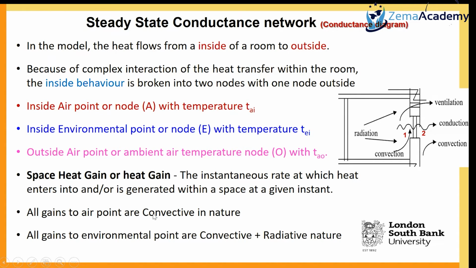So the gain would either go to the air point, which is convective in nature, or it would go to the environmental point. Now, this last aspect is slightly different.